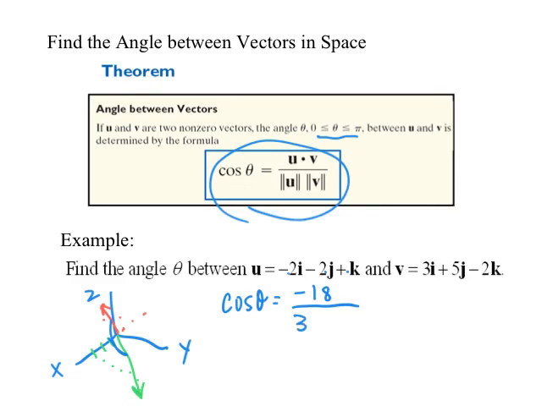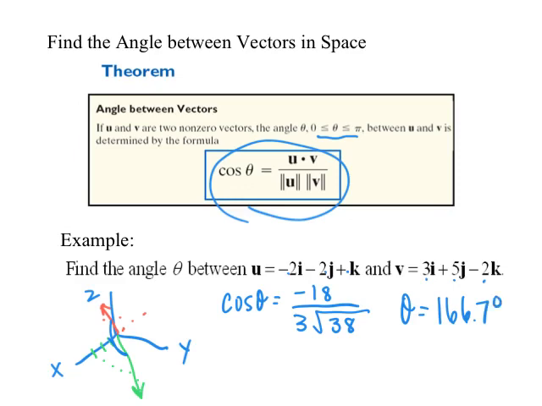And the magnitude of v is going to be the square root of 9 plus 25 plus 4, which is the square root of 38. So when we use inverse cosine, we're going to end up with 166.7 degrees.